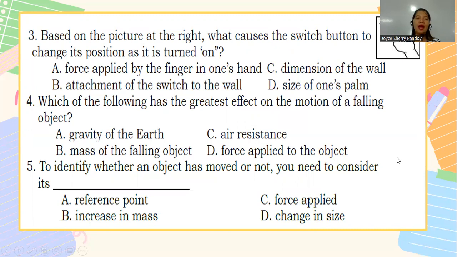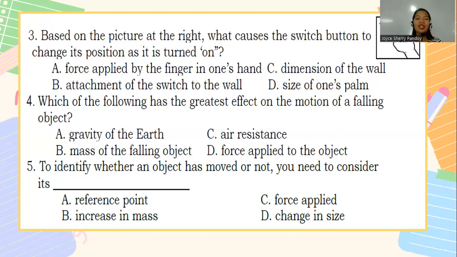Number 4, which of the following has the greatest effect on the motion of a falling object? What's your answer for this? If you answered letter A, then you are correct. It's the gravity of the earth.